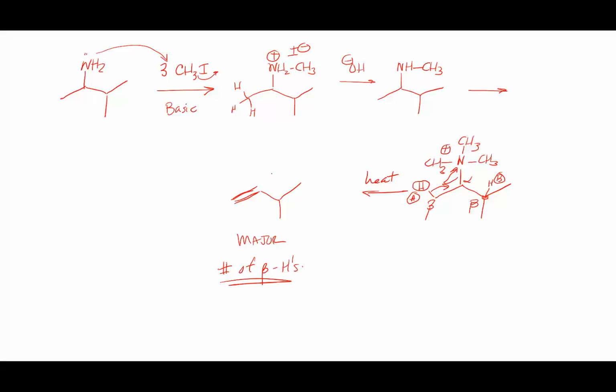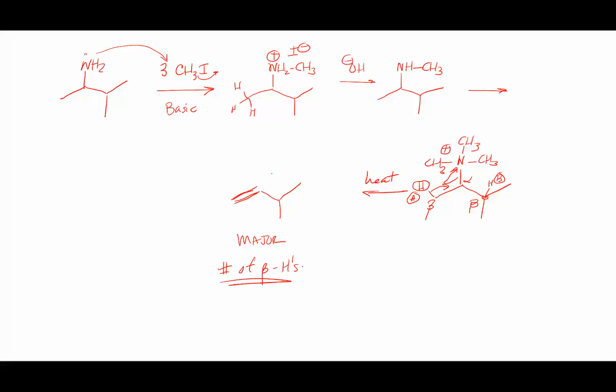So it's E2 elimination, no carbocation, no base. So it's now a third situation that we end up with. Now where this gets really interesting is if I give you a molecule with stereochemistry.